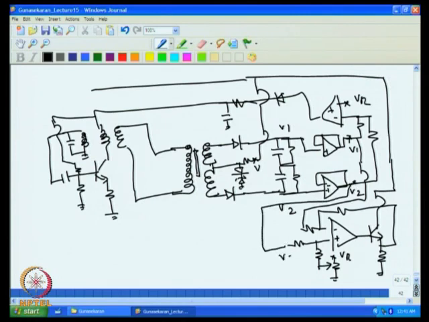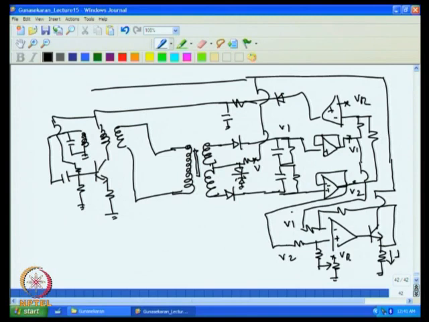So you have V2 here and V2 here, and V1 can be connected from here. So you have V1 here, V2 here, and the difference drives the current through this.